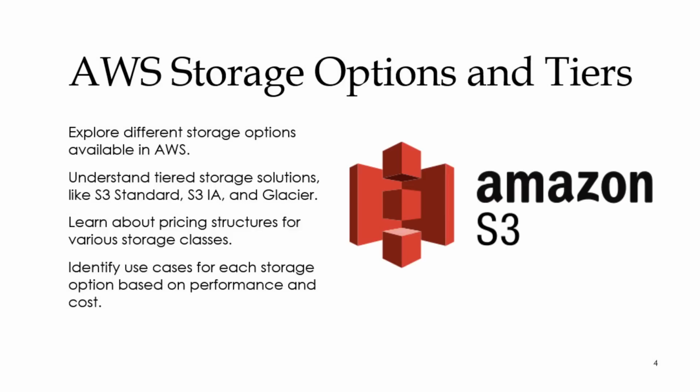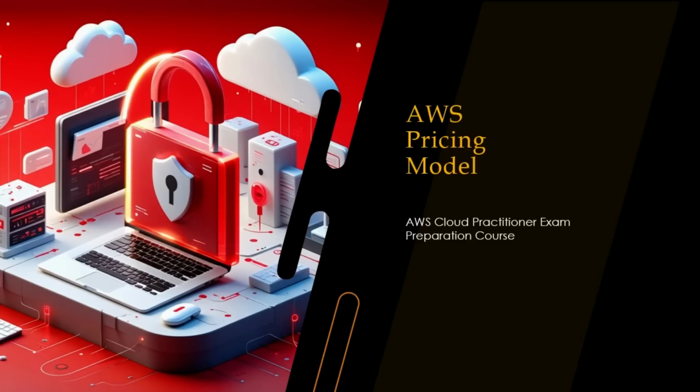Besides S3, AWS offers other storage services like Elastic Block Storage, EBS, for block storage, Elastic File System, EFS, for file storage, and Amazon FSx for high-performance file storage. Each service has its own pricing model, so it's important to choose the right storage option based on your specific needs and requirements.